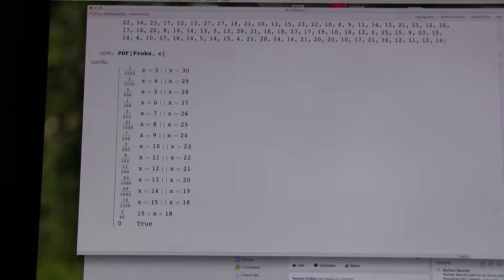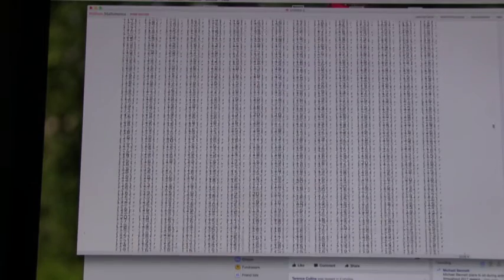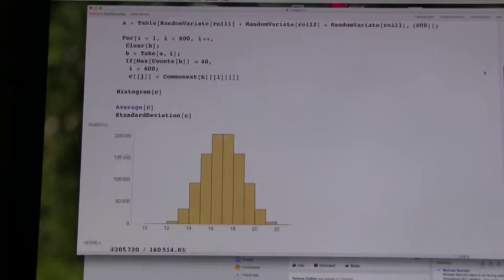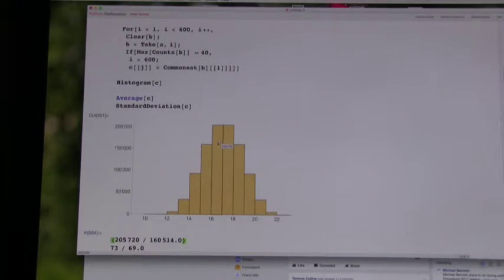Well, overnight I ran 1 million trials, and they appear here. Can you check, is this on screen? Yeah, that's on screen. So 16 and 17 both appeared basically 206,000 times. 15 and 18 were about 161,000 times.